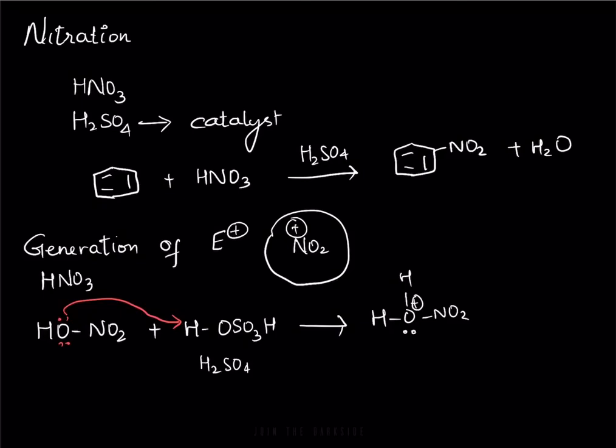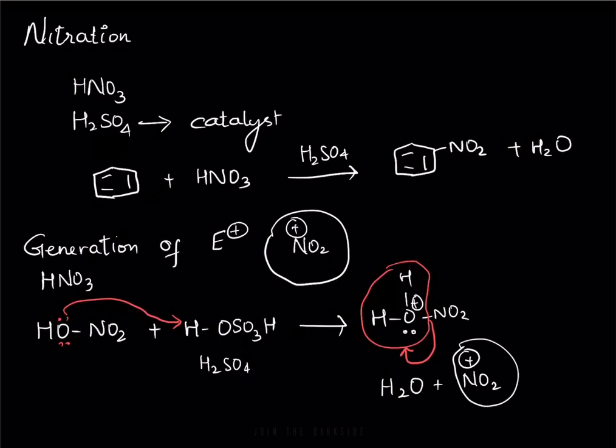Once it is converted, remember here we have water, which is actually a good leaving group. So these electrons will be going on to oxygen, thereby generating water and the electrophile. Okay, so this is the electrophile that is used for nitration.